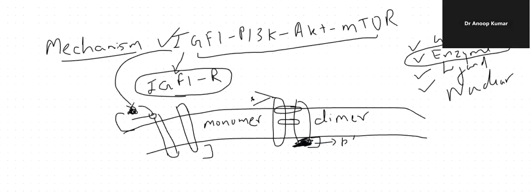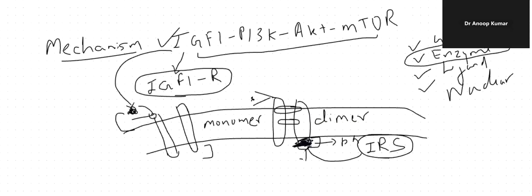When phosphorylation happens, there is an insulin receptor substrate, IRS. This IRS is going to bind, because after phosphorylation of tyrosine amino acids, it creates the active sites or docking sites for the insulin receptor substrate. So your insulin receptor substrate is going to bind with that and going to activate.